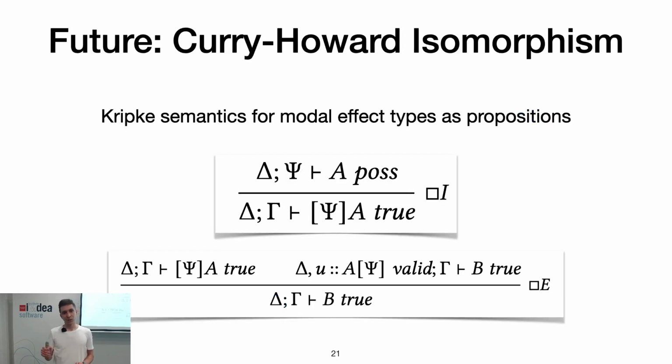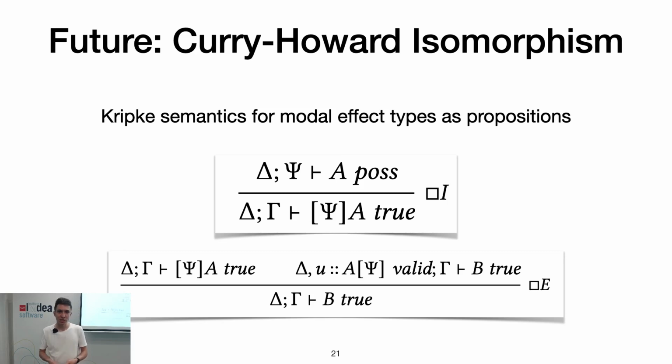Another thing that we want to do is we want to develop Kripke semantics for our modal effect types, which we will see entirely as propositions. We will switch from a language with terms to a language of only propositions that are standing for our effect types. So in a way, what we will get is we will consider the system of a logic for manipulating algebraic effects.